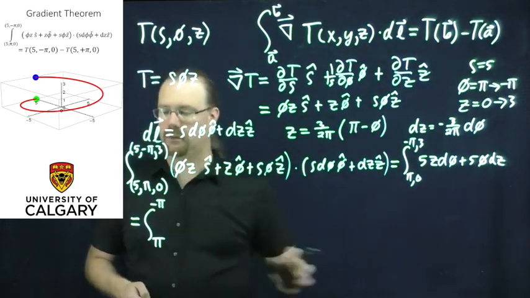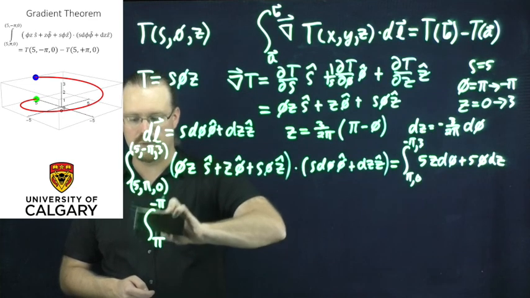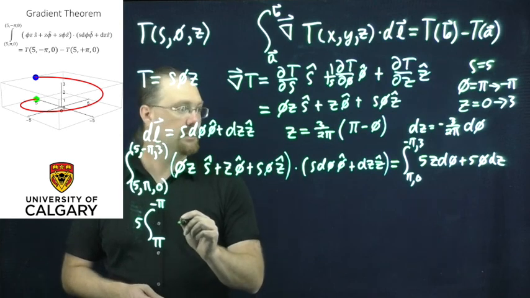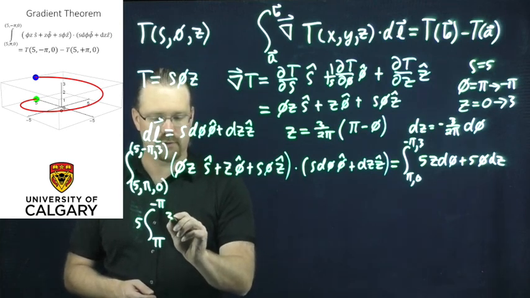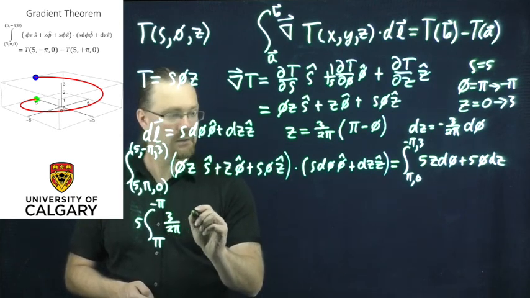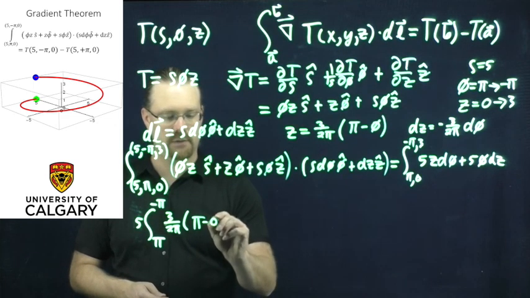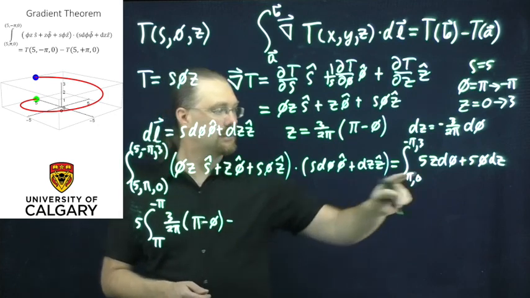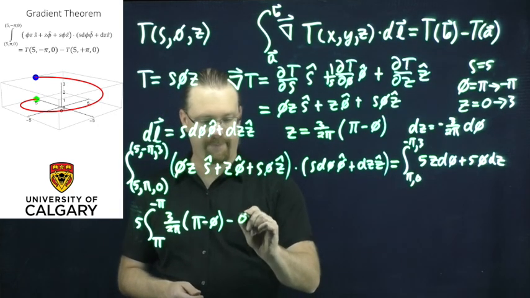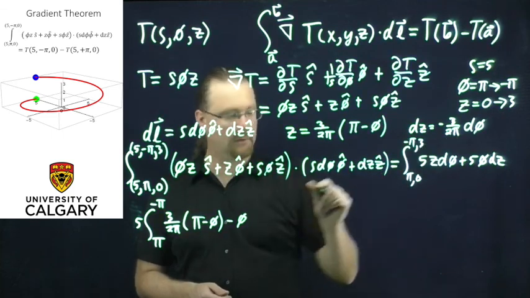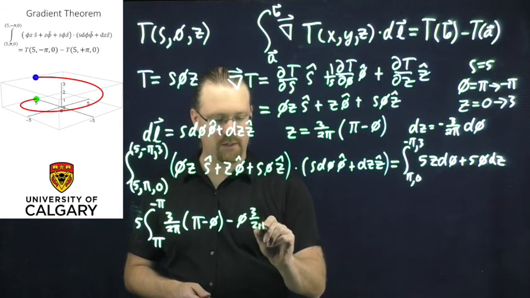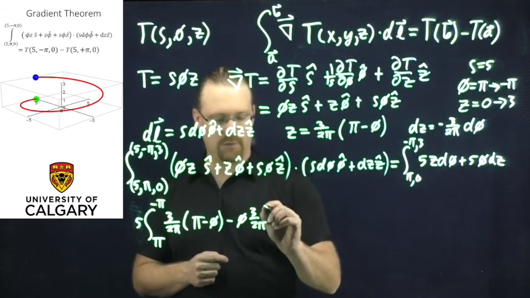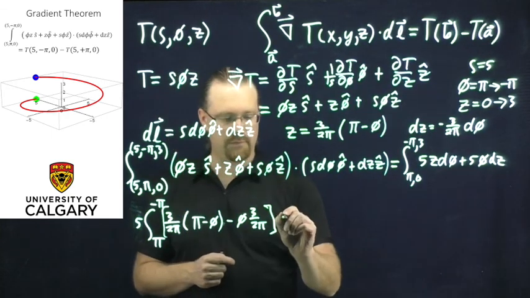Oh, and we had a 5 in both terms, so we can go ahead and pull the 5 out. And we're left with z, which is 3 over 2 pi, pi minus phi, minus phi times 3 over 2 pi. This minus sign is actually the same as that minus sign.